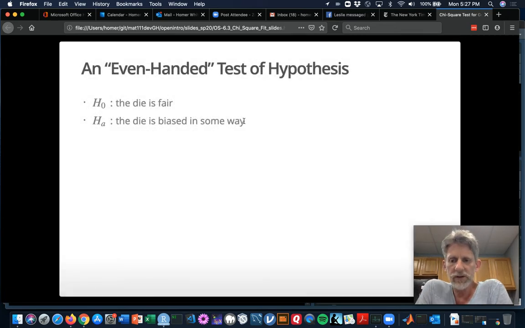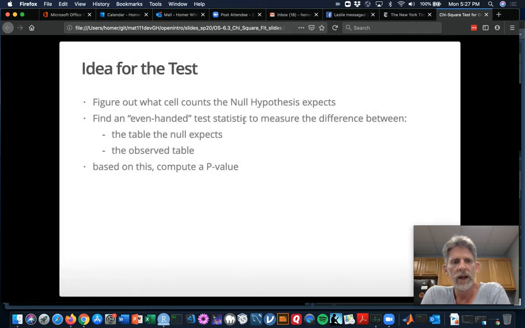So I suggest formulating an even-handed test of hypothesis like this. Null hypothesis, the die is fair. Alternative hypothesis, the die is biased in some way, but don't specify how it might be biased. And my idea for an actual test is this.